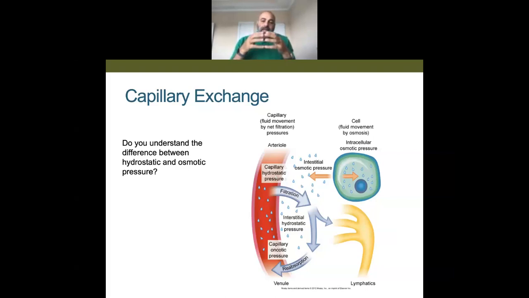So in this point, once again, there is hydrostatic and oncotic pressure in every compartment. You'll see in the interstitium between the tissue and the blood vessels, there is oncotic or osmotic pressure. There is hydrostatic pressure pushing out. The same thing in the cells, hydrostatic pressure, osmotic pressure. It is in every compartment.